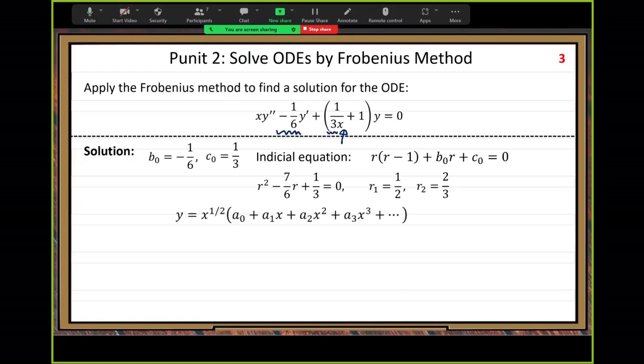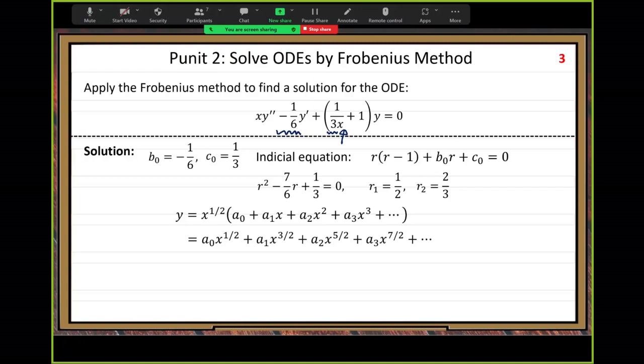With r1, the Frobenius method targets a y power series in this format. There is an x to the r1, because r1 is 1/2, multiplied by a power series inside the parenthesis. Before we take the derivative, let us multiply through.